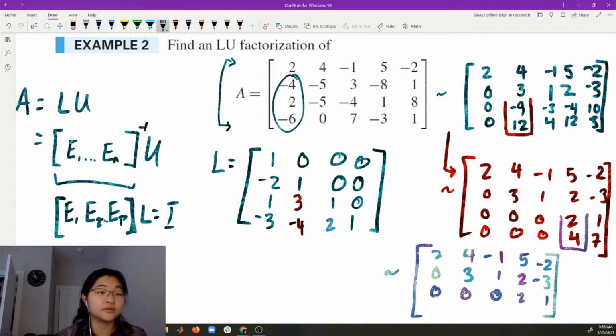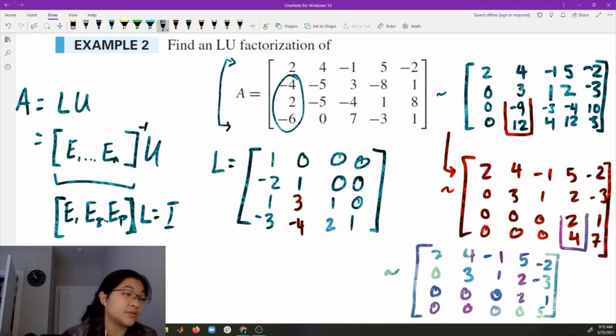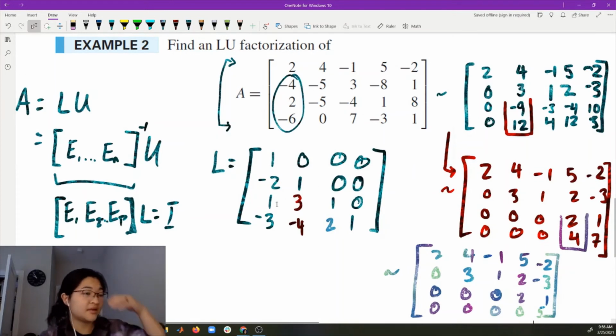Zero, 2, and 1, 0, 0, 0, 0, -2, so that's 5. And so here, what we needed was that 2. And then we have a full L that we can multiply by this U, this is our resulting U.